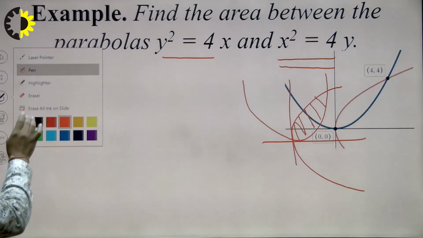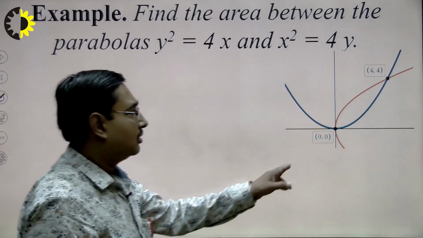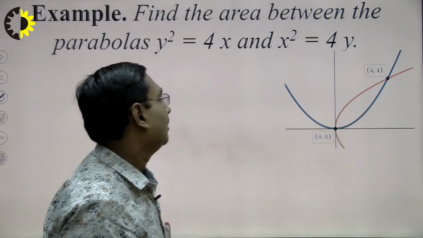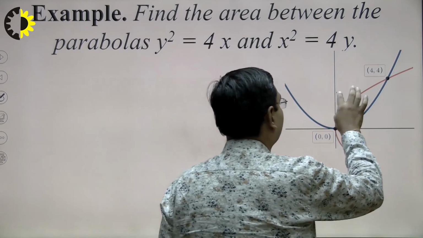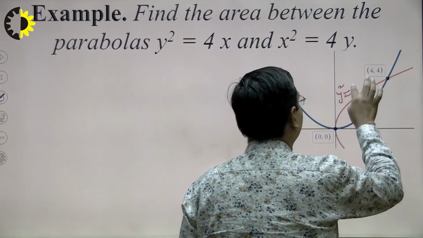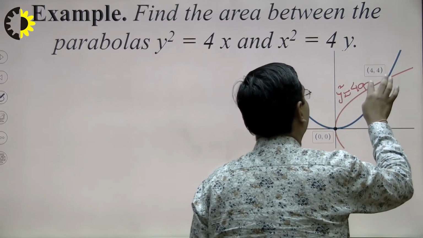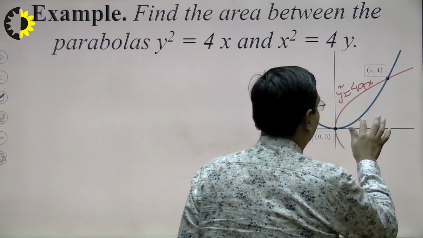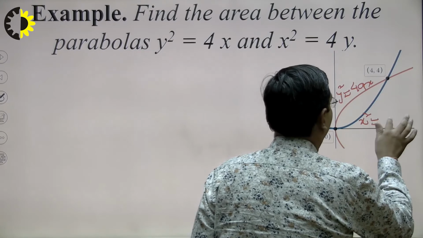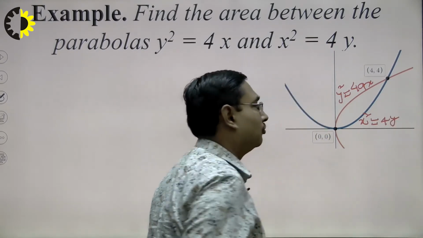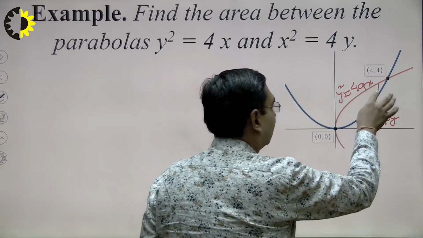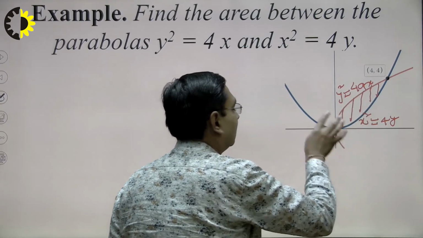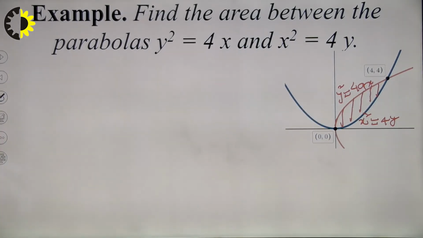The parabola is drawn here like this. This upper part has the equation y square equal to 4x. This lower part has the equation x square equal to 4y, and the area of this shaded part is to be calculated.